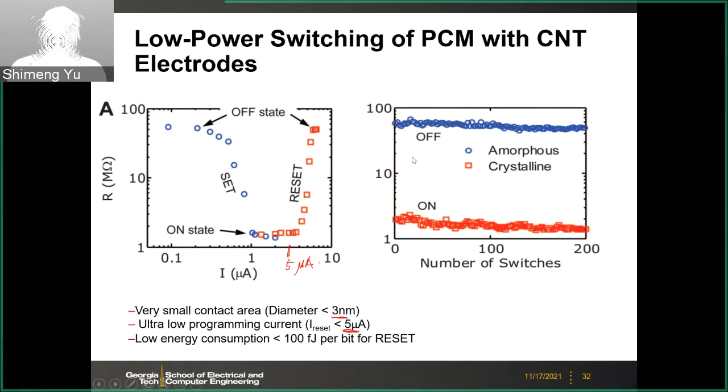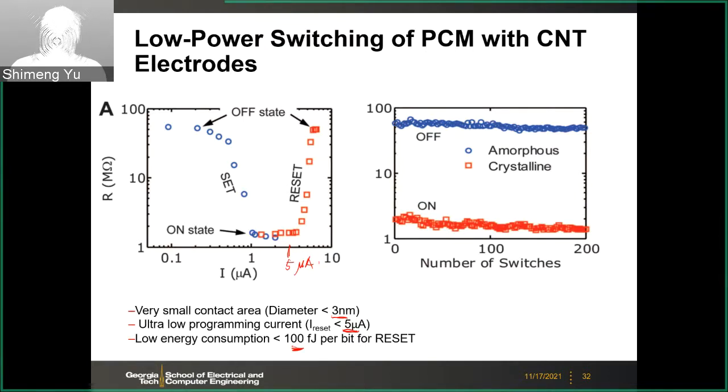And you can switch the devices for many cycles in this experiment. And if you calculate the programming energy, that is the voltage times the current times the pulse width, then it's like 100 femtojoule per bit to program 1 bit.